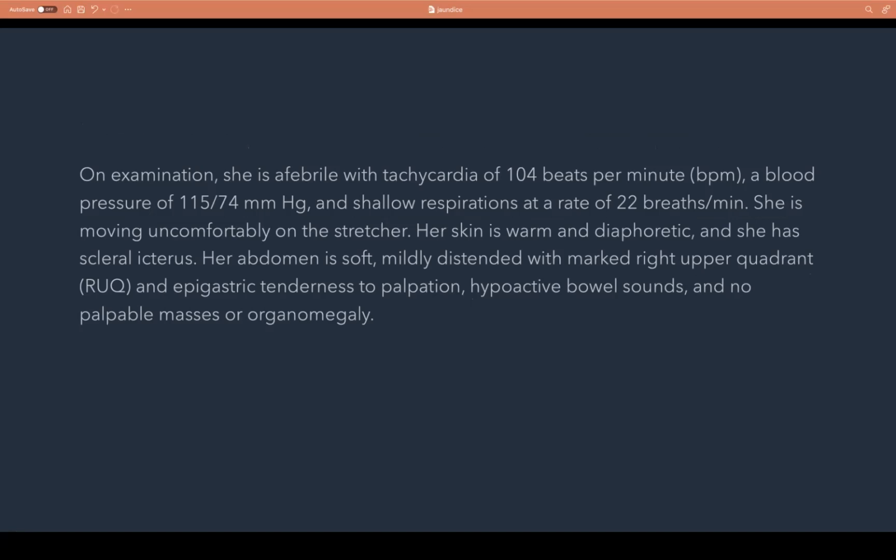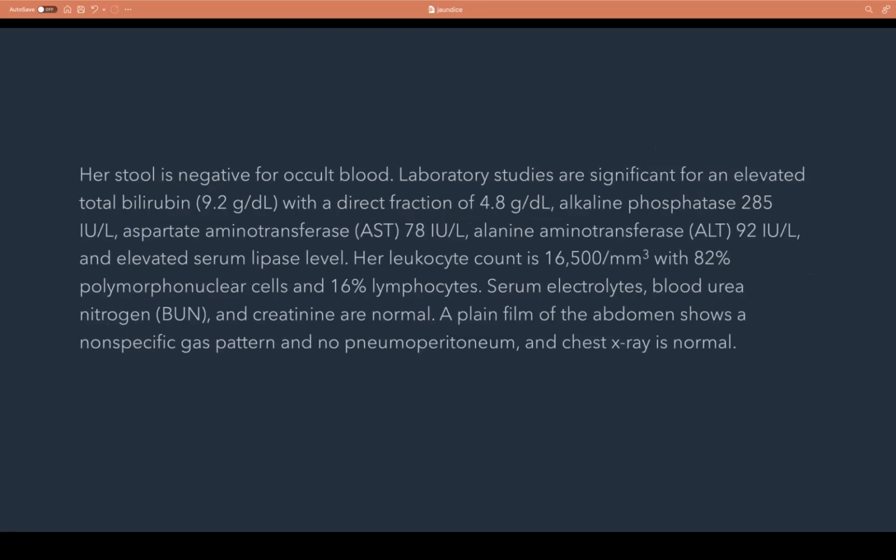On examination, she's afebrile, she's tachycardic, her blood pressure is okay, her respiration is a little bit high, she's moving quite uncomfortably, skin's quite warm, there's scleral icterus, abdomen is quite soft, mildly distended with some right upper quadrant and epigastric tenderness. Bowel sounds are hypoactive, can't feel any masses or enlarged organs.